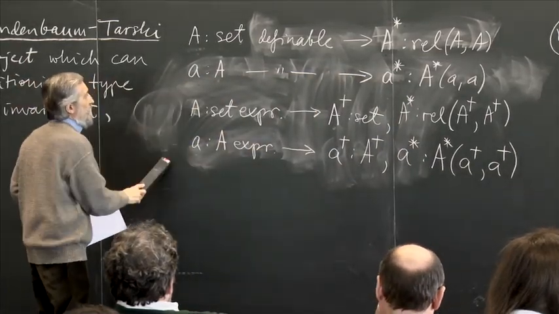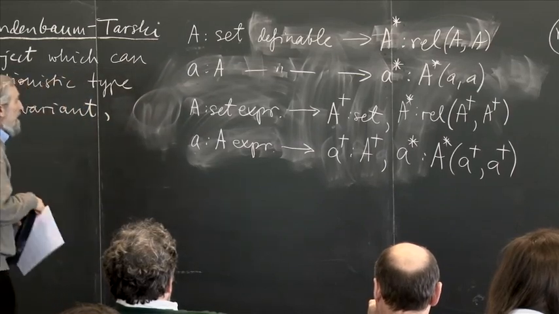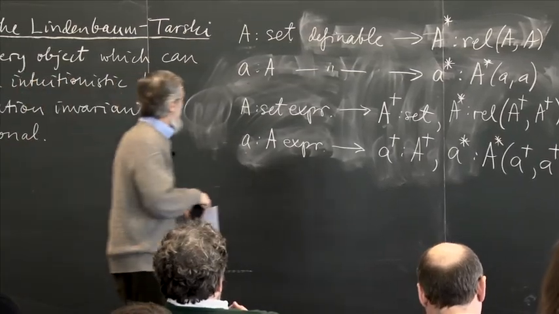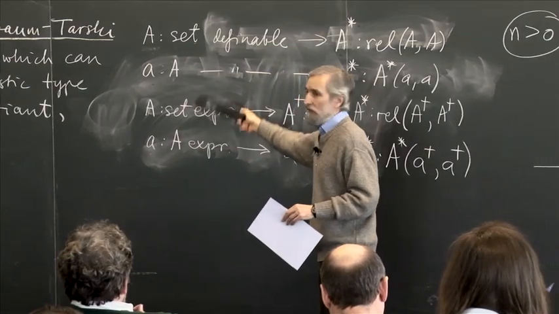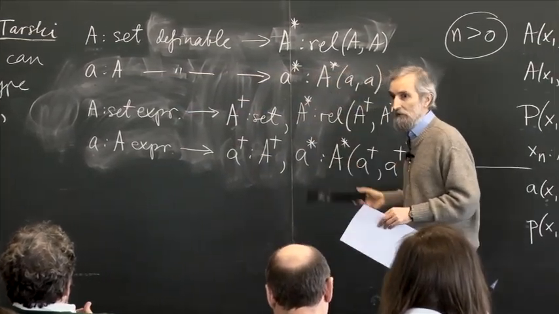So writing it this way rather than in this shorter way, it's clear that there is a model construction going on here. Now we have the familiar pattern that with certain expressions in the language we associate certain semantic objects.